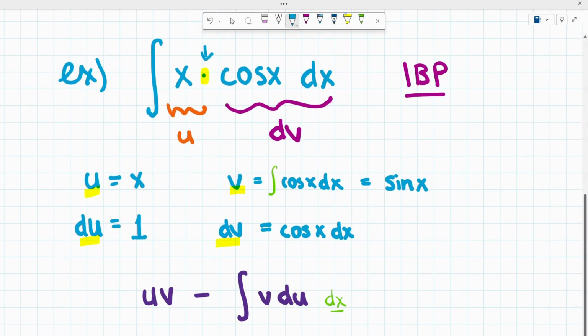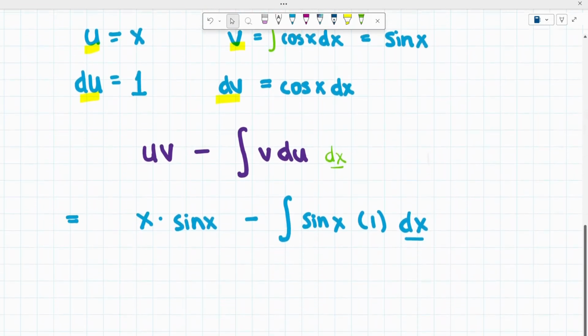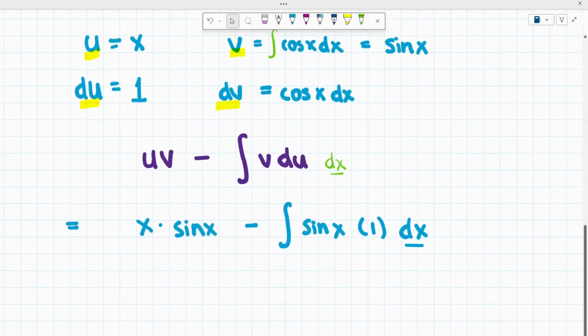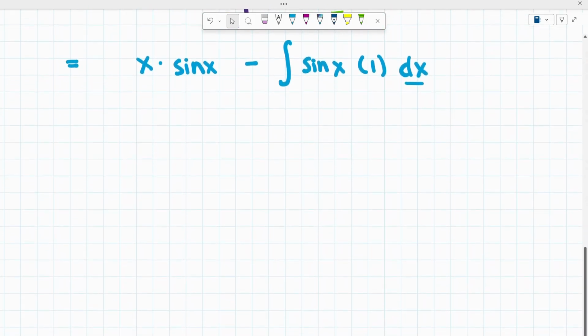So we had this multiplication over here, which made it challenging. And by using integration by parts, we were able to now simplify our integral. And now we only have one integral left, and there's no more multiplication because this sine x multiplied by 1 is just itself. So now this is a much easier problem to solve.